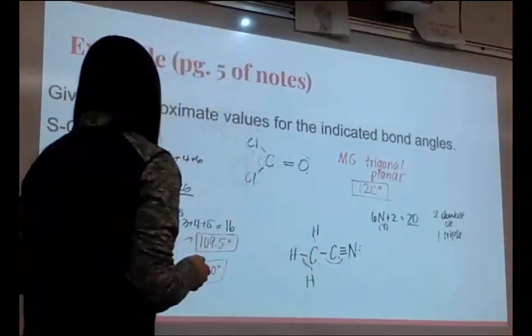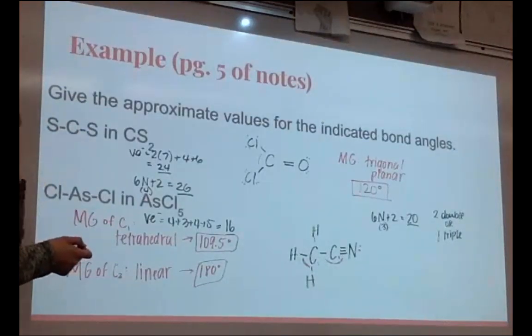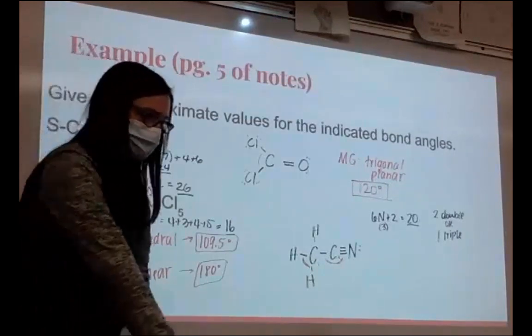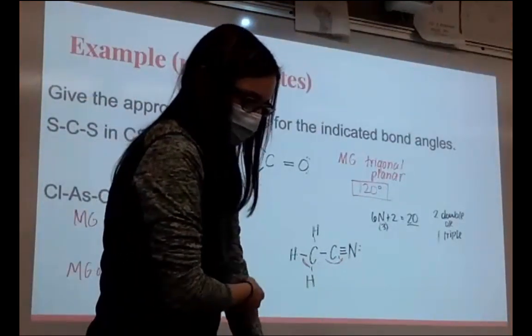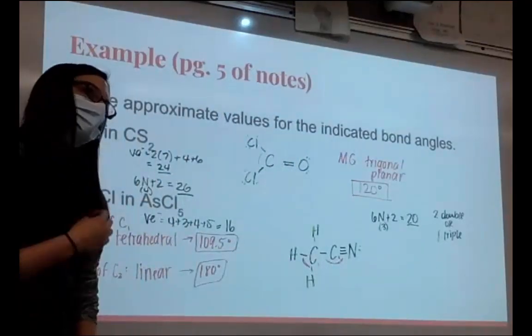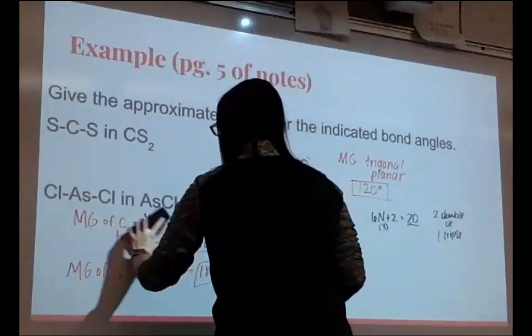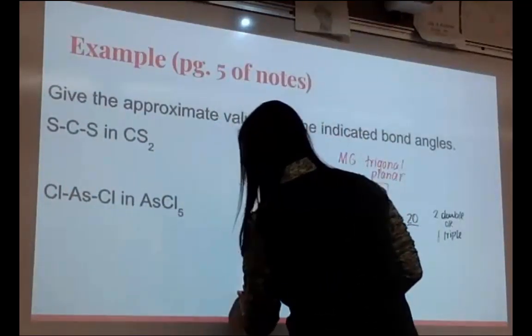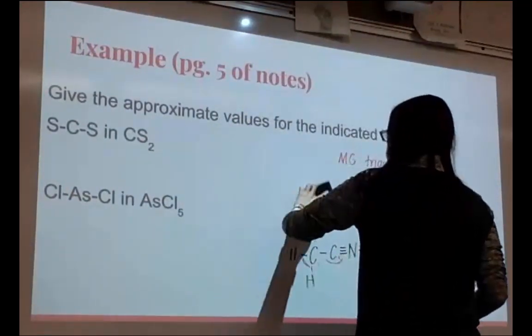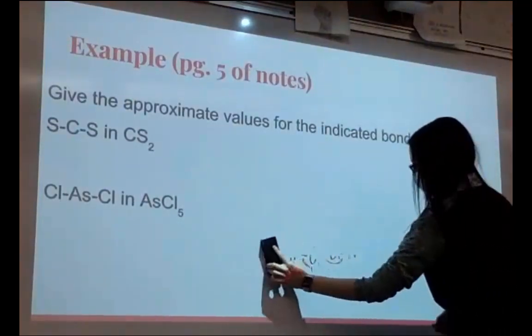So you're going to give the bond angle for SCS and then one of the chlorine, arsenic, chlorine bonds. So always start with drawing the Lewis structures. Always think about if you can form multiple bonds, or if you have an expanded valence. And then the angles are based on the molecular geometry.